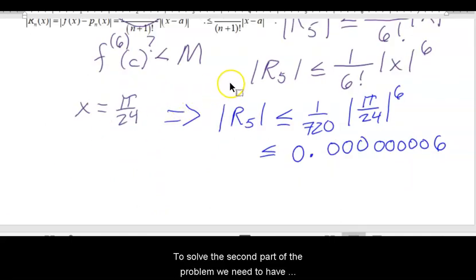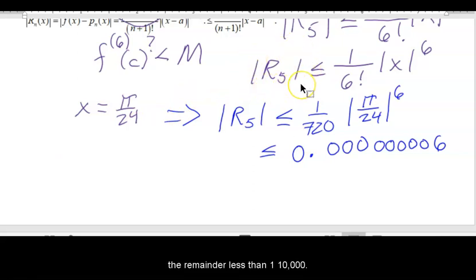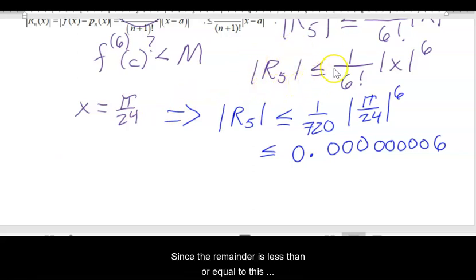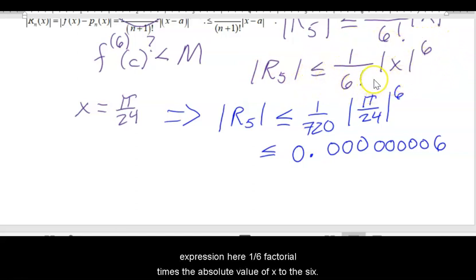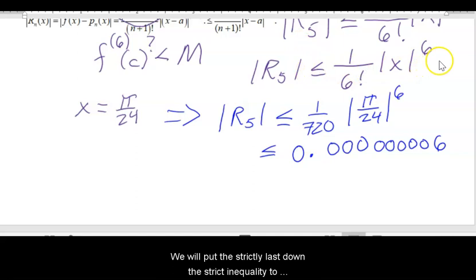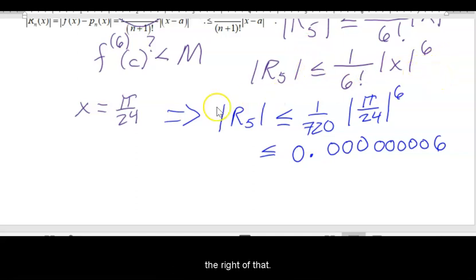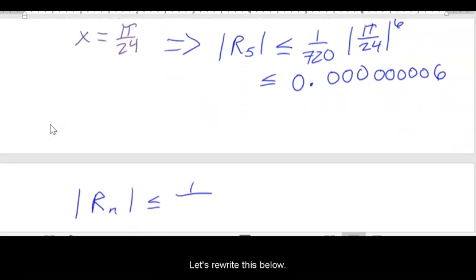To solve the second part of the problem, we need to have the remainder less than 1/10,000th. Since the remainder is less than or equal to this expression here, 1 over 6 factorial times the absolute value of x to the 6th, we will put the strictly less than, the strict inequality, to the right of that. Let's rewrite this below.